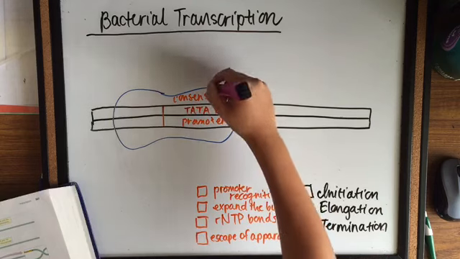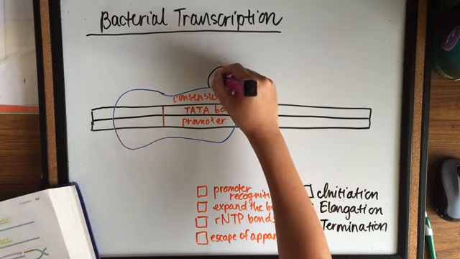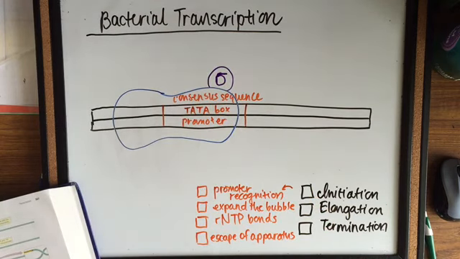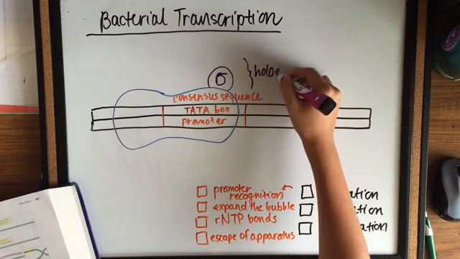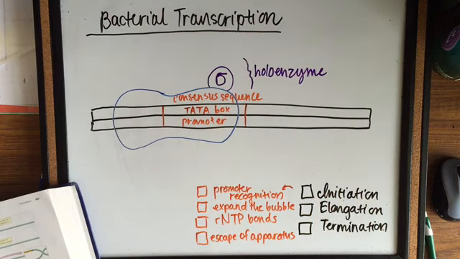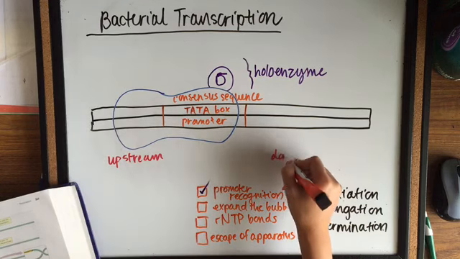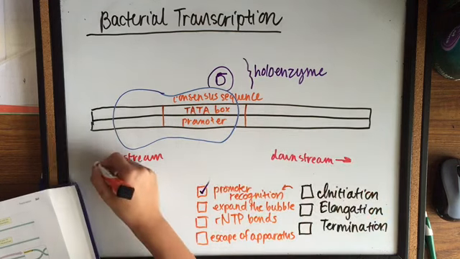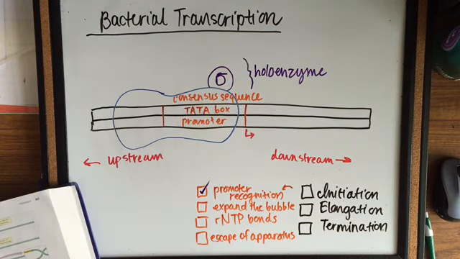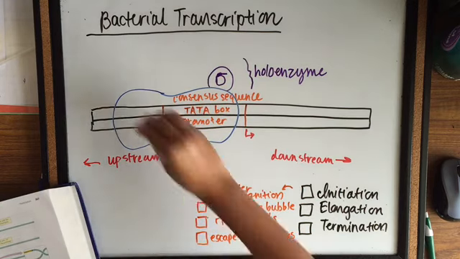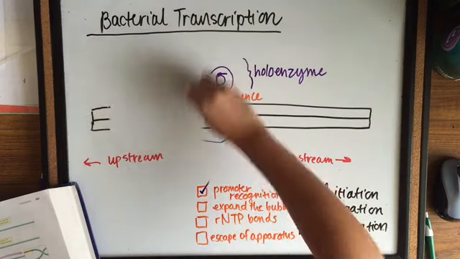Once the RNA polymerase binds to it, the sigma protein also binds to it, and together they create the holoenzyme, which binds tightly and unwinds the double-stranded DNA in order to expand the bubble. Keep in mind that anything before the start of transcription is upstream, and after that is downstream.